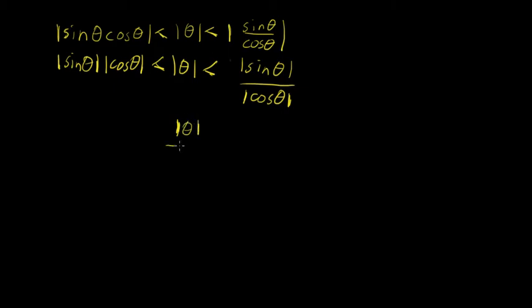So let's say we divided everything by the absolute value of sine theta. This stuff here divided by the absolute value of sine theta is 1 over the absolute value of cosine theta. This expression here divided by the absolute value of sine theta is just the absolute value of cosine of theta.